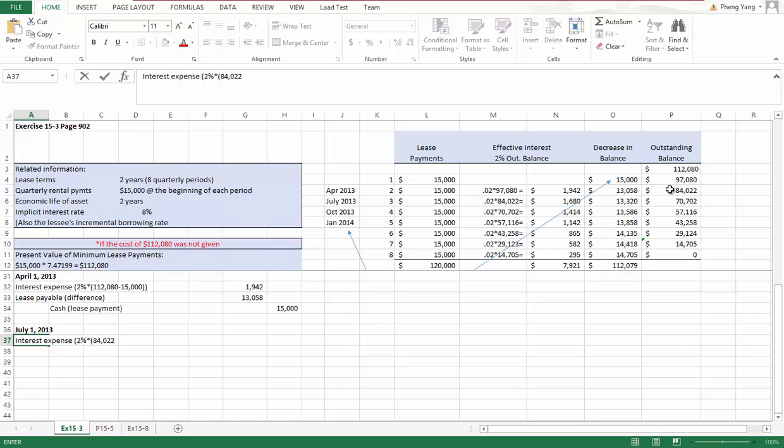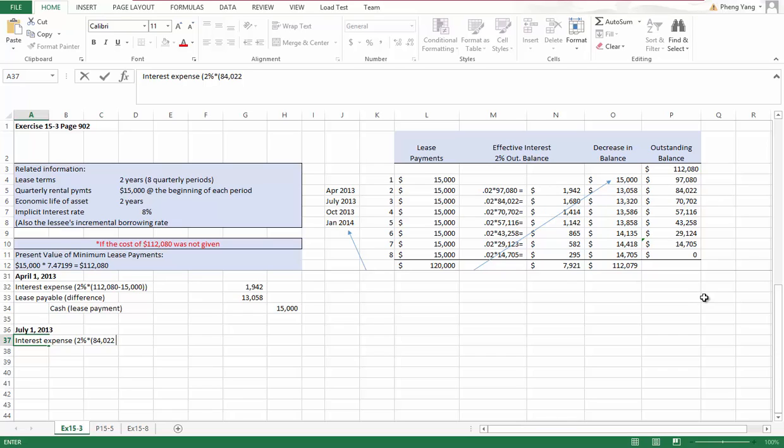Or you can take that 112,000 minus, you know, there's just too much calculation in there. That's why we use the amortization table, which is this ending balance after the second payment here, 84,022.